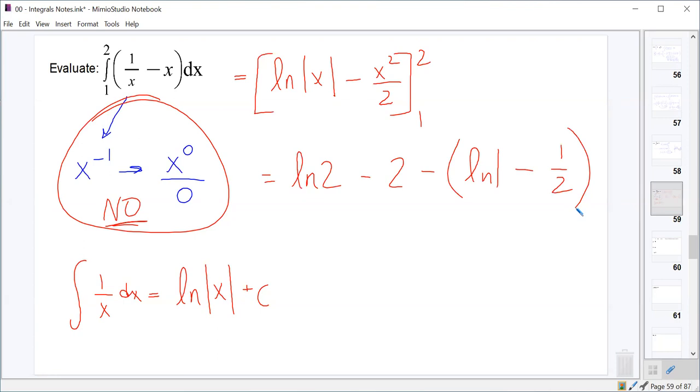And we know natural log of 1 is 0. So now we're just looking at natural log of 2 minus 2, minus negative half, so plus half, and negative 2 plus a half would just be minus 3 halves.